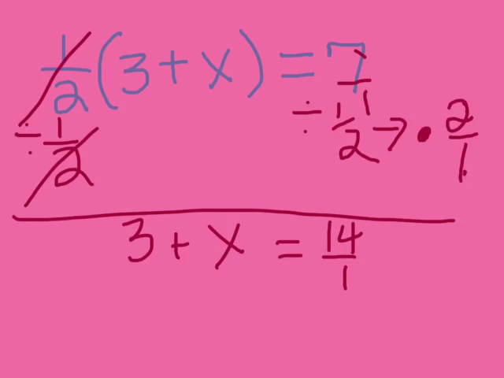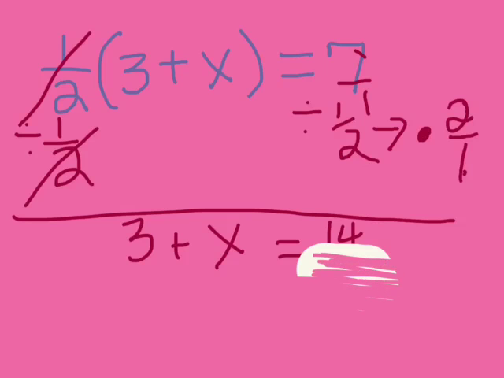So now I have 3 plus x equals 14. So when it's over 1, I can just call that 14. So instead of scribbling it out, I'll just erase it. Let me cover that back up with some pink so we don't have an open spot here.